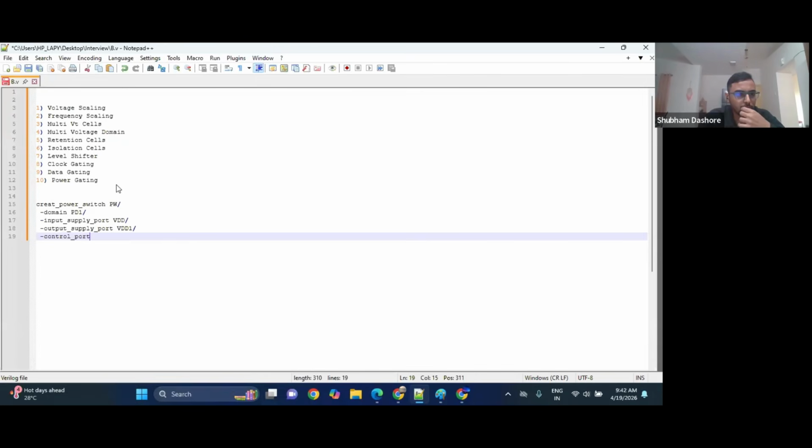So create_power_switch, domain, input supply port, output supply port, and control port. This is a low power technique we use with the help of a power switch.